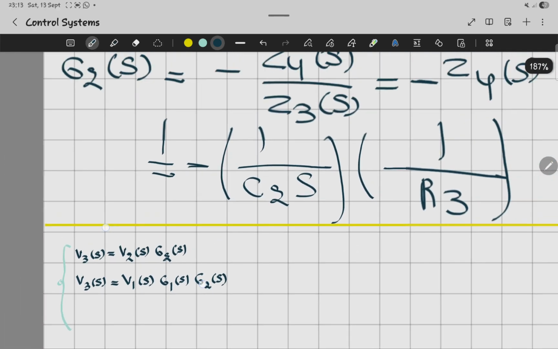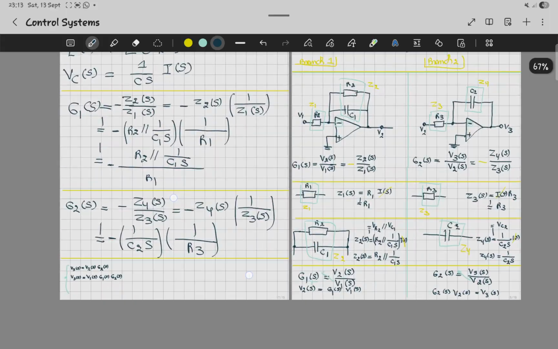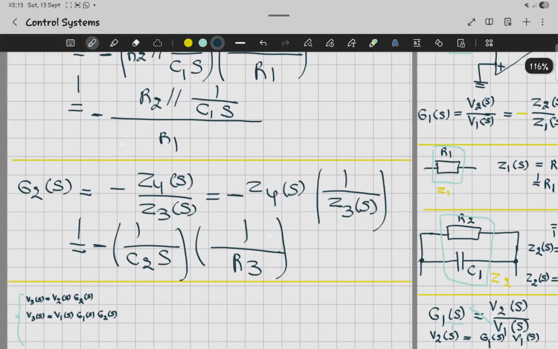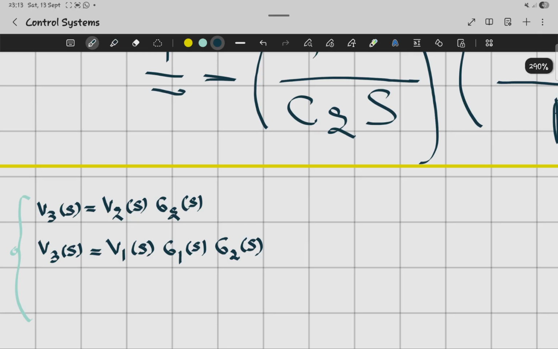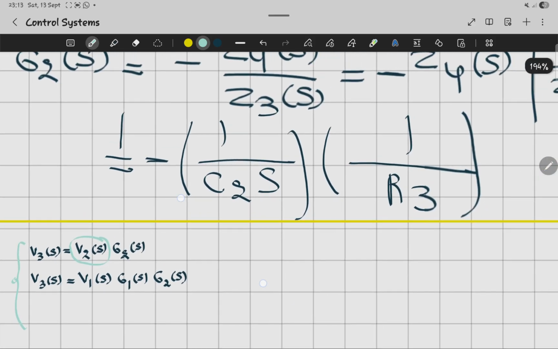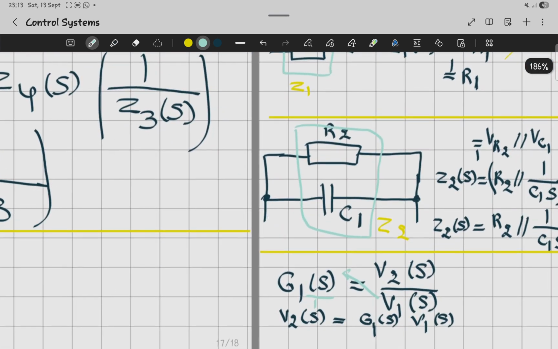This is what you can get from this equation if you just start replacing. What we did here was just replace the value of V2. Remember, we got V2. What is V2? Our V2 was this equation here.